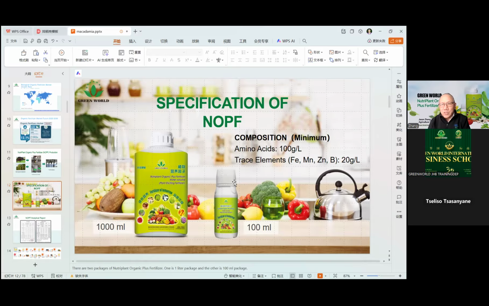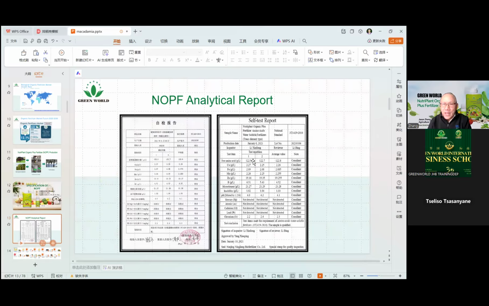Every batch of fertilizer should have a report. In every country, when you get a batch of fertilizer, NOPF, you should have a report. I'm not sure how they operate, but every batch should have a report.